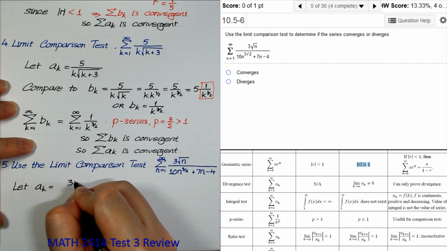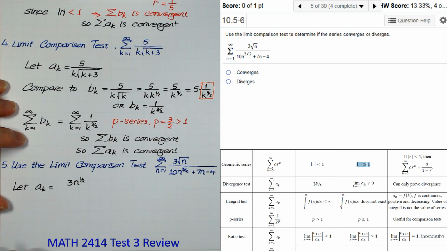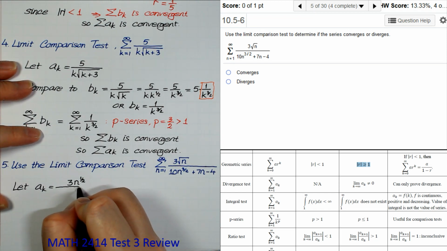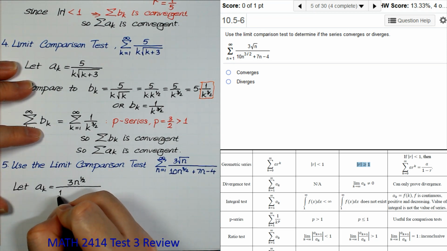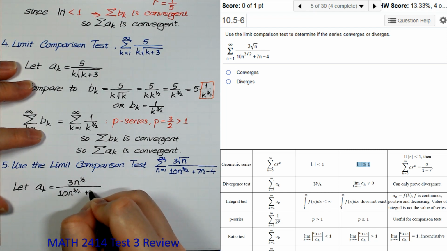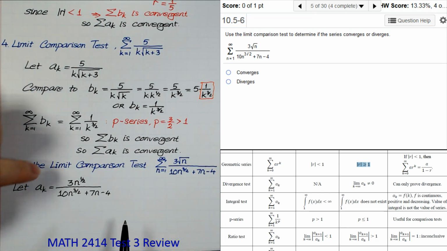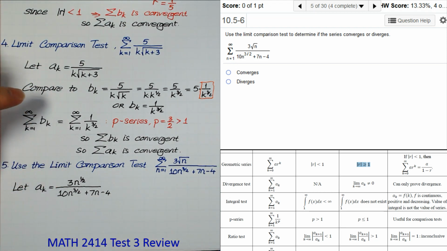I will write n to the 1/2 instead of square root of n, and the bottom 10n to the 3/2 plus 7n minus 4. And what we compare to is the highest ranking on the top and the highest ranking at the bottom.